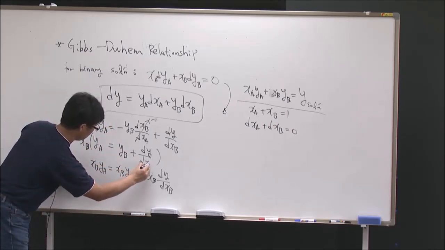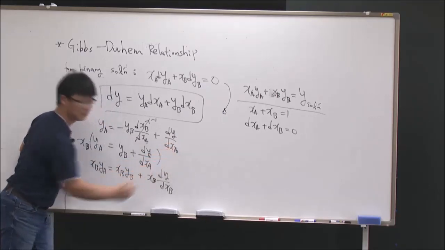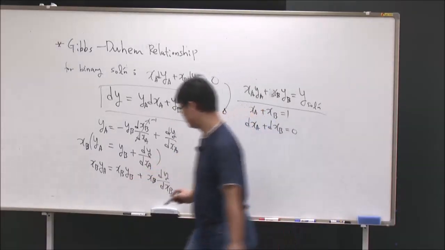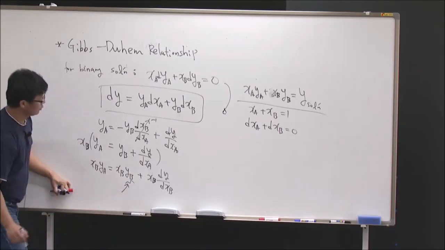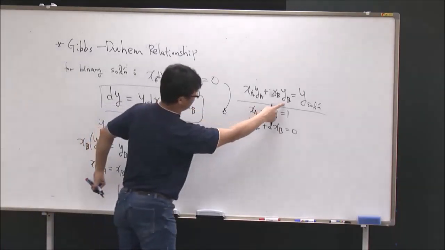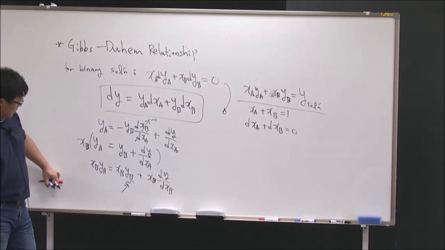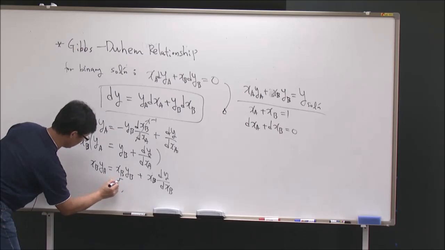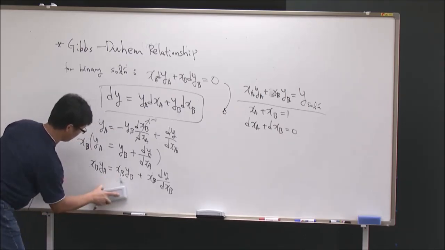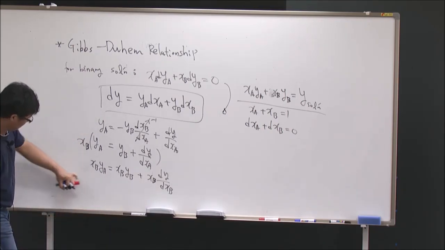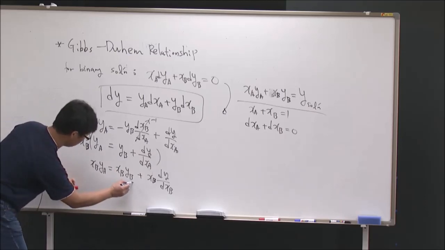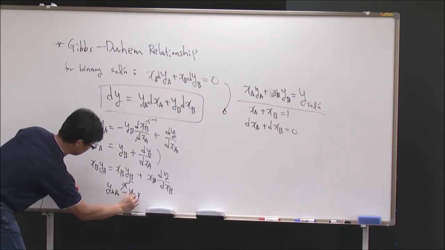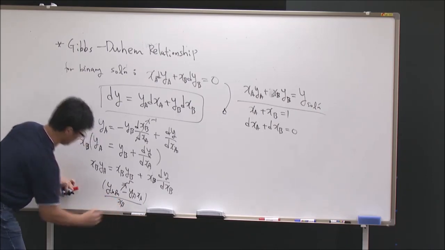Now let's look at yB. According to this relationship, yB is the y of the solution minus yA xA, divided by xB.